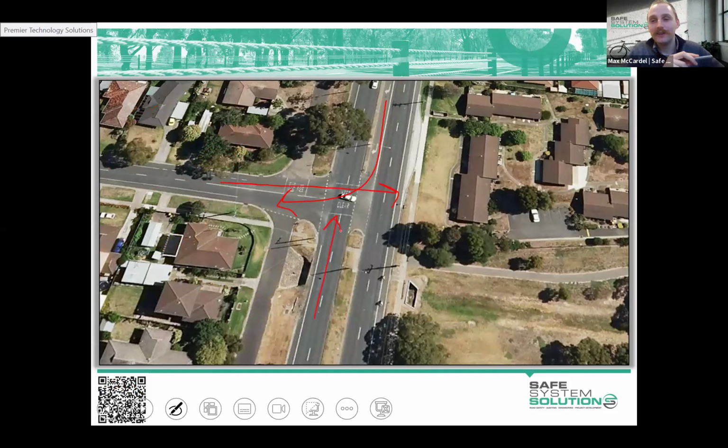Either the vehicle as it's exiting collides with the right turning vehicle in, or a through traffic in that way, not the right turn, ignore that one. A 90-degree angle crash going that way, or a 90-degree angle crash going that way, right? So that's the 6 crashes that have occurred. 5 of them were serious injury crashes, meaning it was hospitalization. 1 of them was an other, so minor injuries.